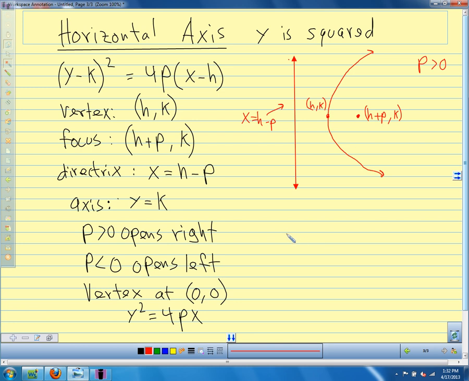And if our parabola opens the other direction, if p is less than 0, things are just switched around. Our vertex is still at h, k. Our focus is inside our parabola, always inside. Our directrix is just on the other side of the parabola now, over here.